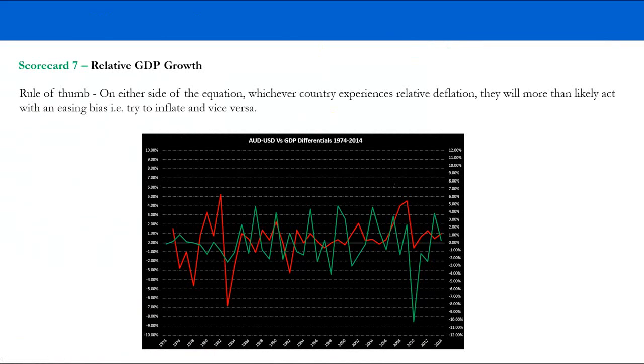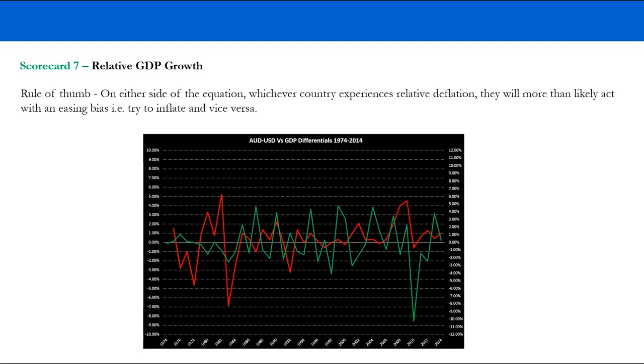So just a quick rule of thumb to summarize on the expectations and moves of our bias. The rule of thumb here is on either side of the equation, whichever country experiences relative deflation, more than likely the central authorities will act with an easing bias, so try to inflate, and vice versa.